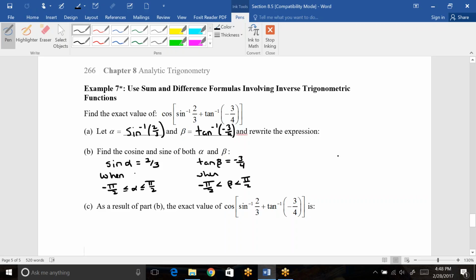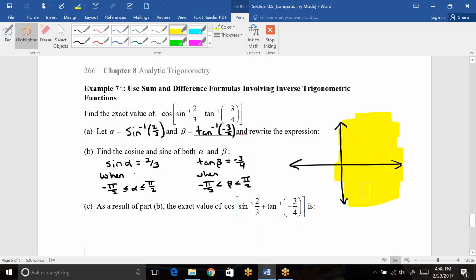So then we can talk through our sign rules for our trig functions. Essentially we're stuck in these two possible quadrants, that's our only possibility, so either quad 1 or quad 4. Sine is only positive up here because remember, all science teachers are crazy. That says that sine is positive in 1 and 2. So since we only have 1 at our disposal, we're going to use this one.